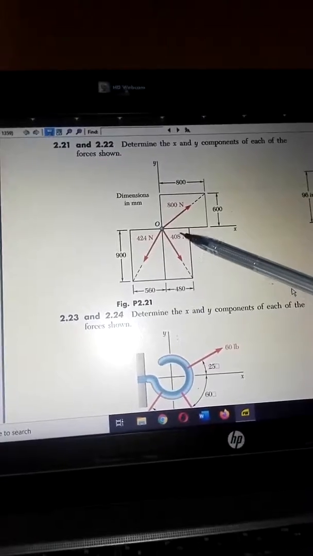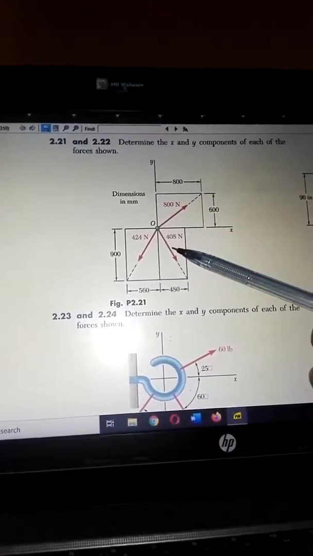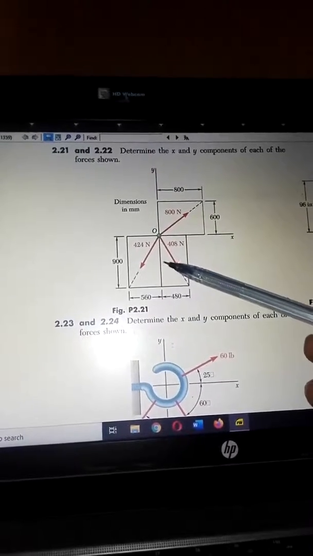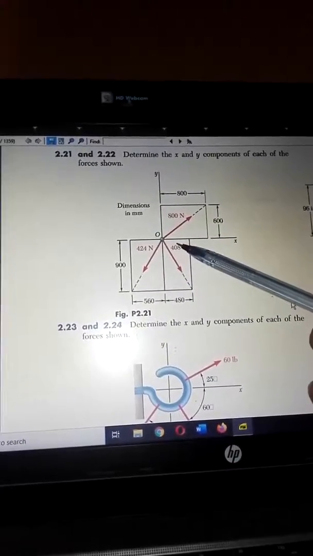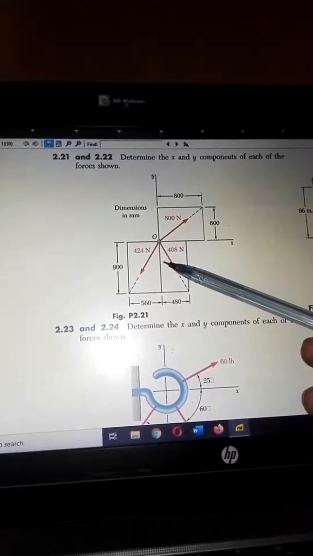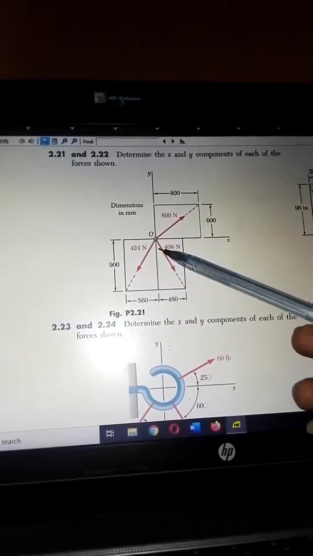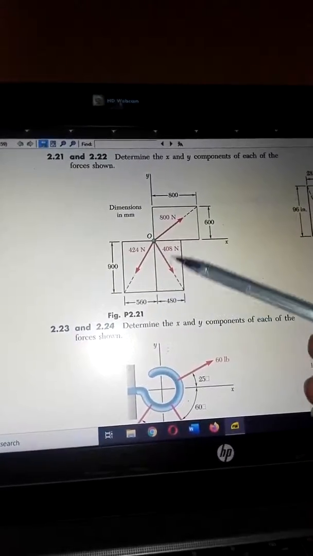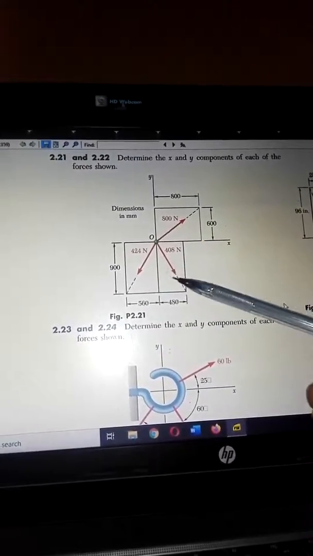Its y component will be 408 multiplied by the sine of the angle it makes with the x-axis, or the cosine of the angle it makes with the y-axis, and that component, by our parallelogram rule, is going to be facing downwards to be consistent with the direction of this.